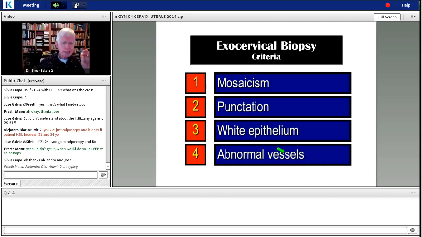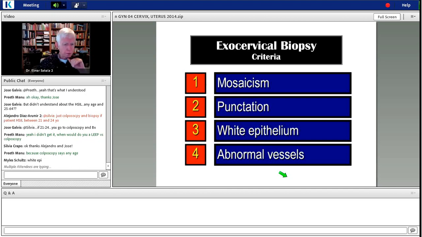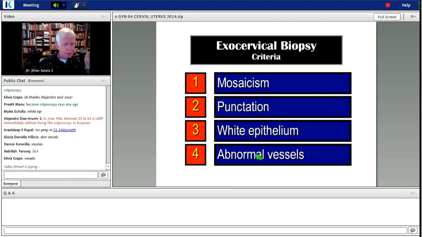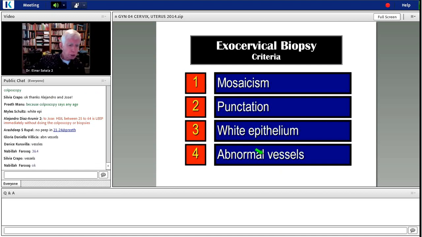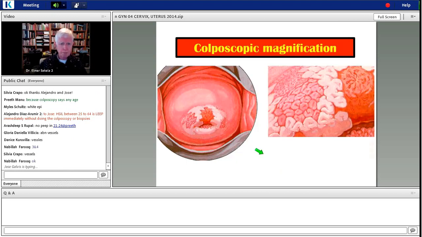Which do you think is the most concerning? Mosaicism, punctation, white epithelium, or abnormal vessels? The most concerning is, let's see if you get it right, abnormal vessels. This is much more concerning if you have some vessels which are small and others are out of control, big vessels. I'll show you a picture of that coming up.